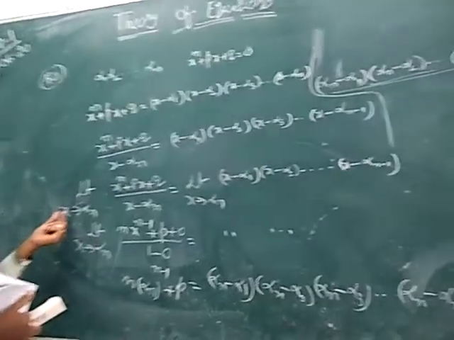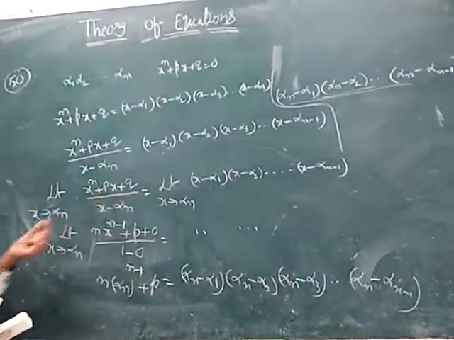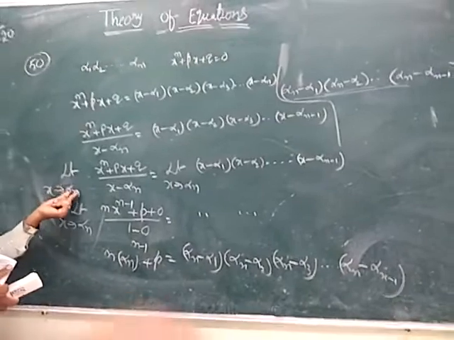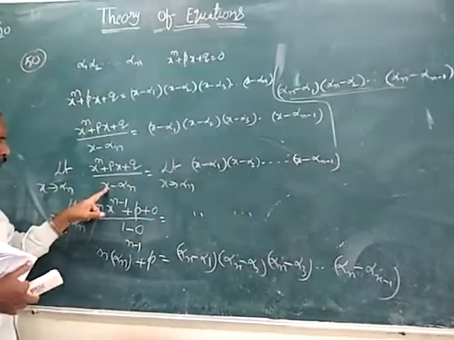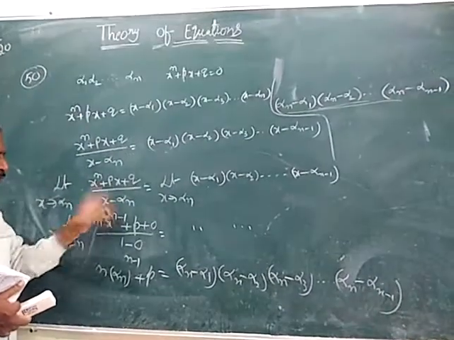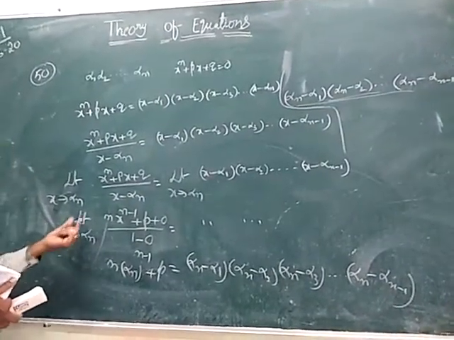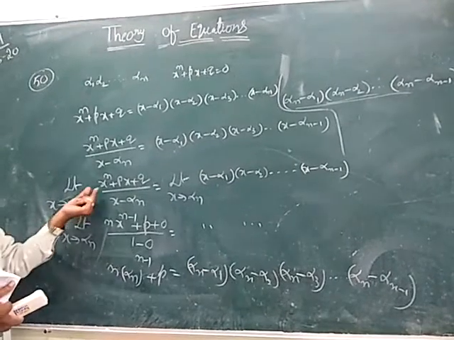Take a limit on both sides, x tends to alpha n, alpha n minus alpha n equals 0. So take L'Hopital's rule.